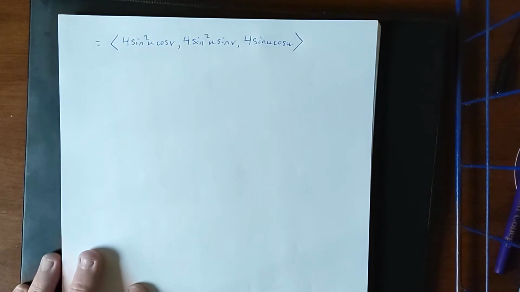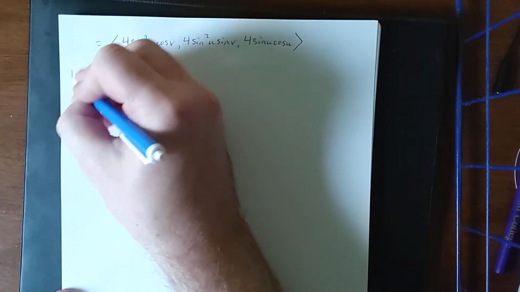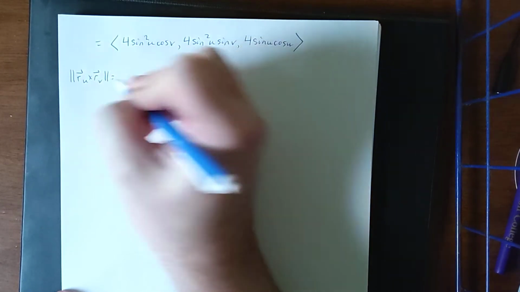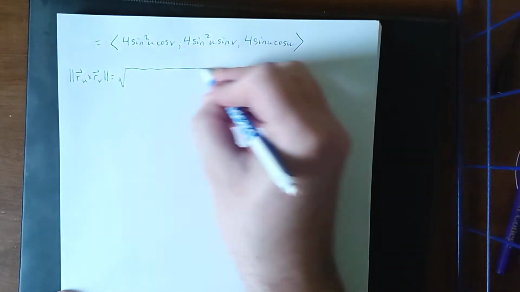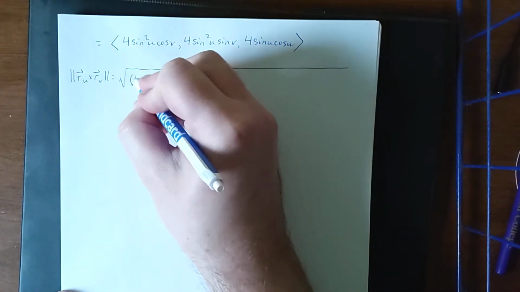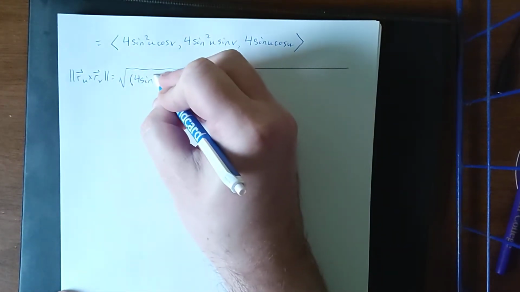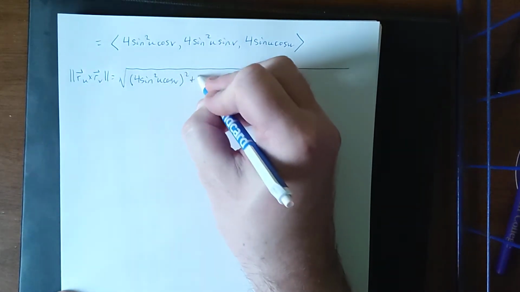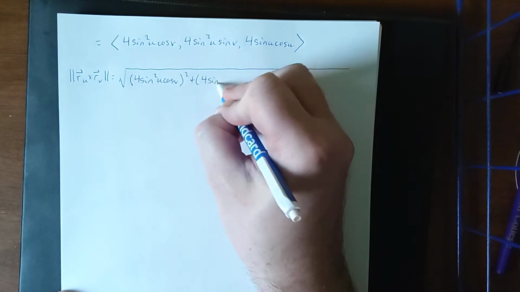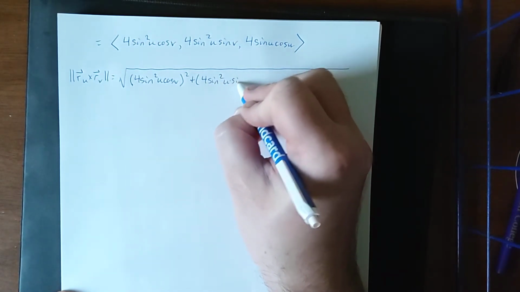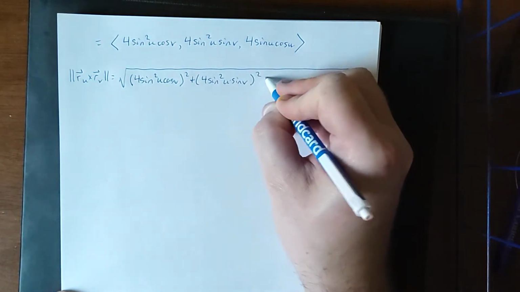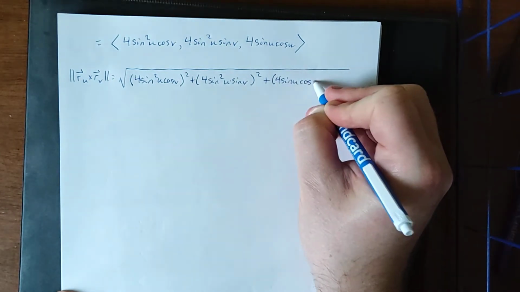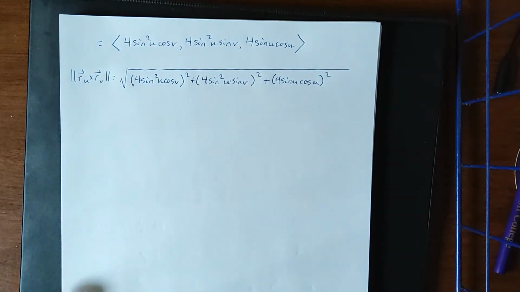So next up, we will need the magnitude of this cross product, the magnitude of the cross product of the partial derivatives. So we are going to take the square root of 4 times the sine squared of u times the cosine of v, we're going to square that, 4 times the sine squared of u times the sine of v, we're going to square that, and finally 4 times the sine of u times the cosine of u, and we will square that as well.